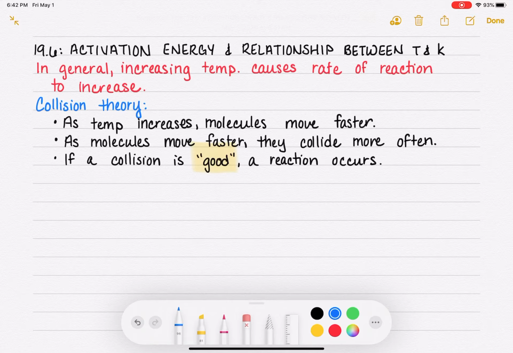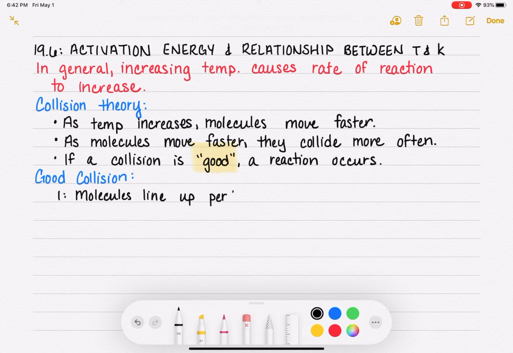So let's talk about what it means to be a good collision, because this is also extremely important. What is a good collision? Good collisions have two characteristics. Number one, the molecules in a good collision are perfectly lined up.